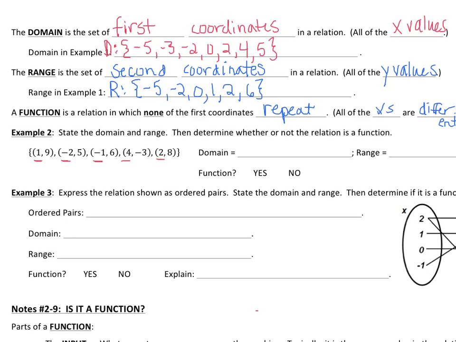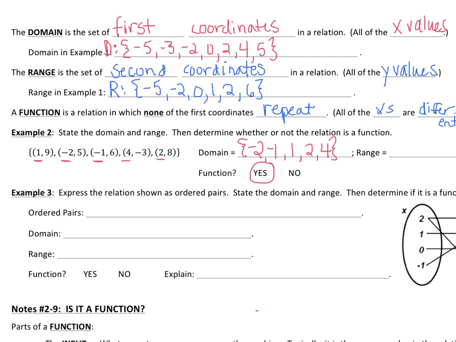You want to list them in order from least to greatest, so we're going to put the little curly parenthesis. The least value, which would be negative 2, and then negative 1, then 1, then 2, and then 4. Notice that none of these x values repeat, therefore it is a function.